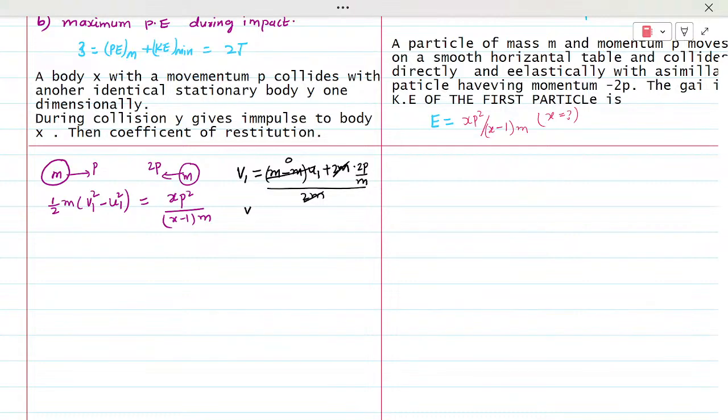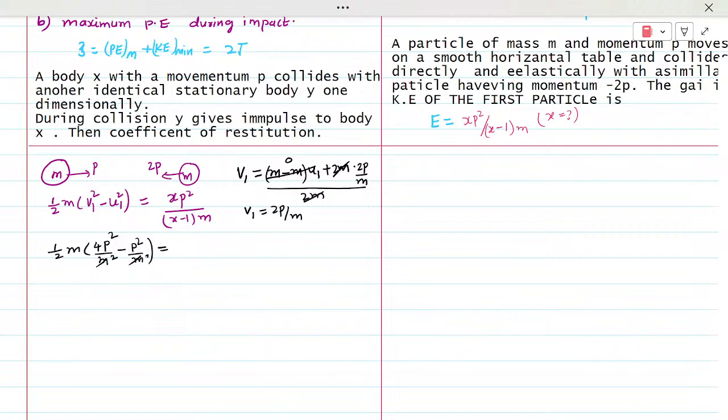So v1 is 2p by m. Therefore kinetic energy, 1 by 2 m into v1 square, means 4p square by m minus p square by m, all over 2.